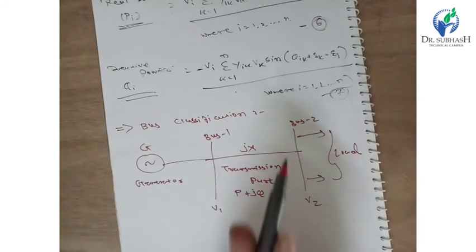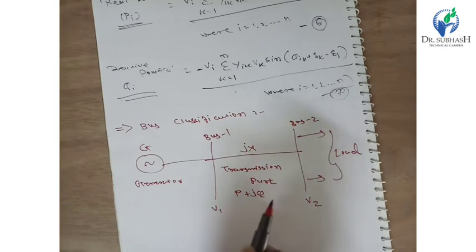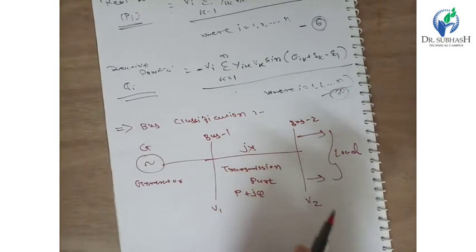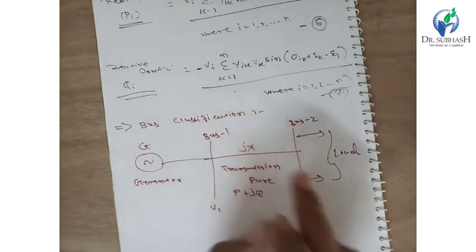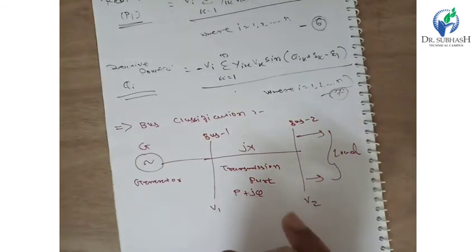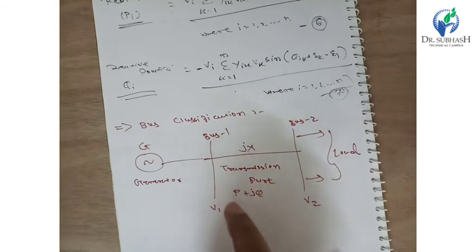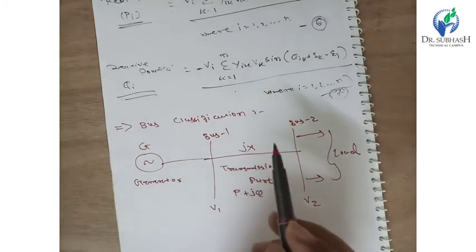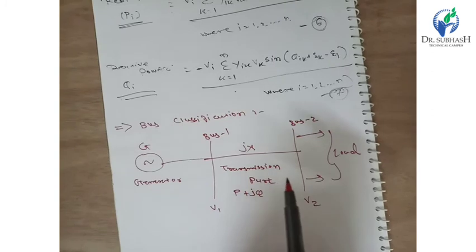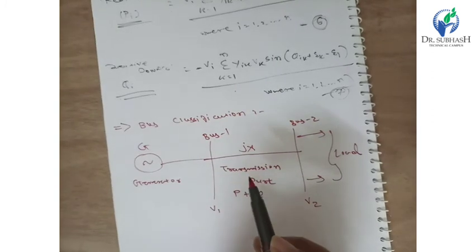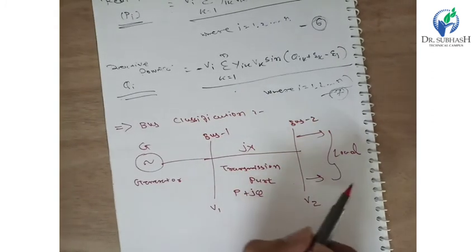A bus is a node at which the transmission line, load and generator are connected. It is not necessary that all of them are connected at every bus. The bus is indicated by a vertical line at which a number of components are connected.